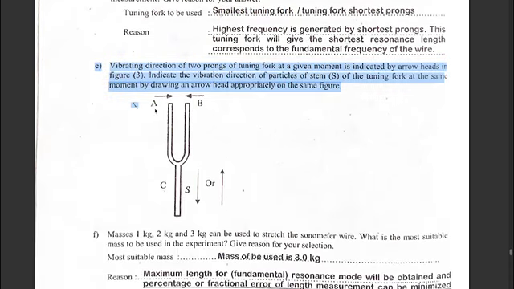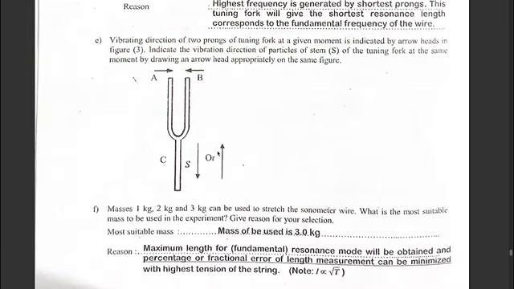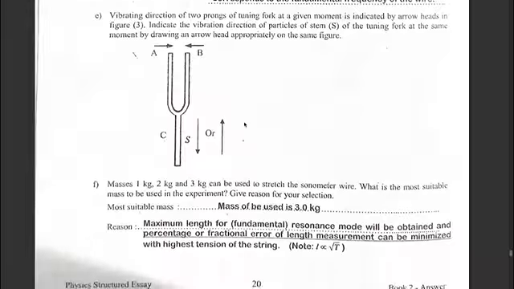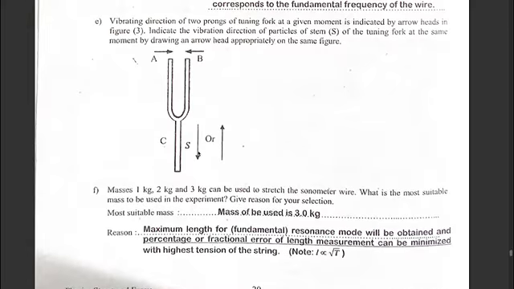And now this is a different question, a new one. The vibrating direction of the two prongs of the tuning fork at a given moment is indicated by the arrowhead in the figure. So we want to mark the direction of the vibration of particles in stem S. So for that, look at this.